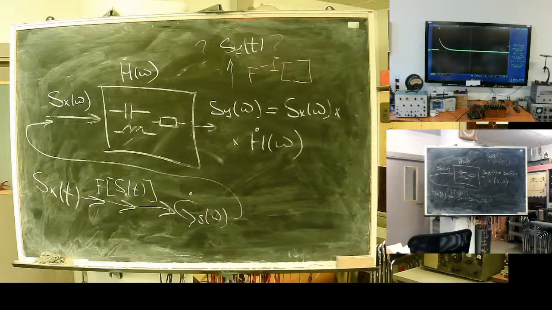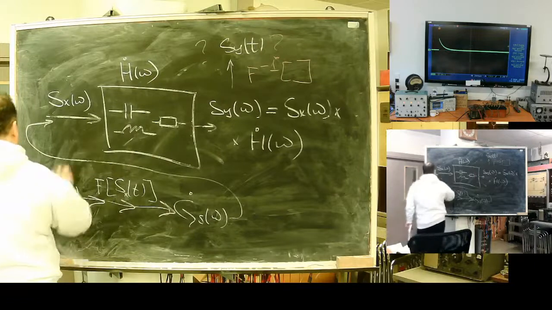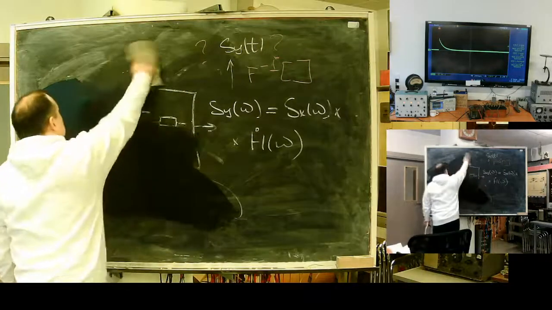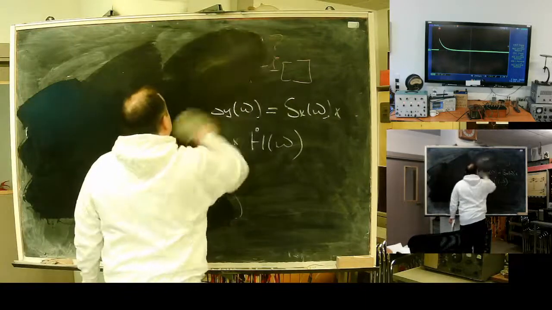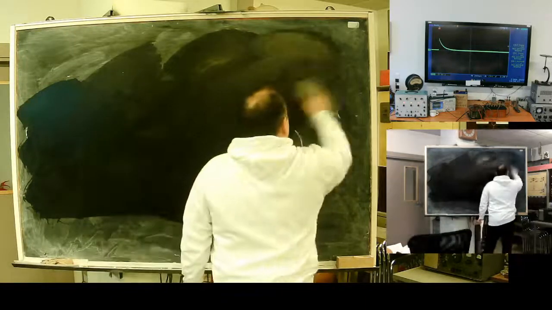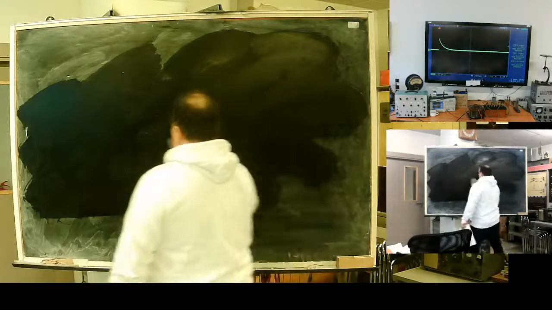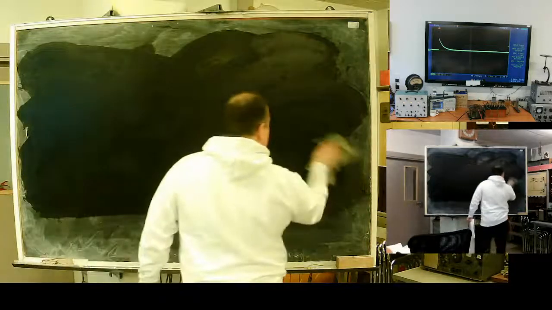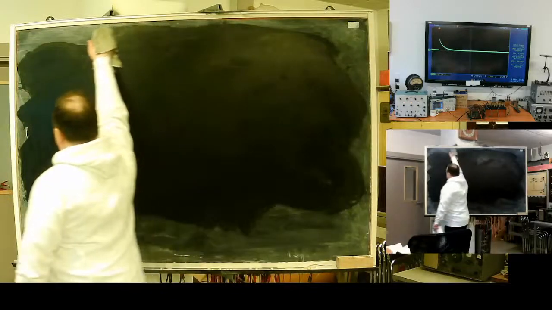Now I need, let's say, a way back, how to get something from the frequency space to our time space. As is usual, the way out is not so easy as the way in.